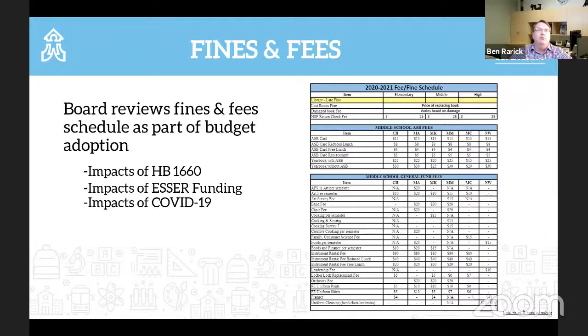So to the extent that athletics and activities are resuming here in the current school year, students will be able to participate without having to buy an ASB card in the month of April or May, which seemed kind of awkward. You're almost all the way through the year.